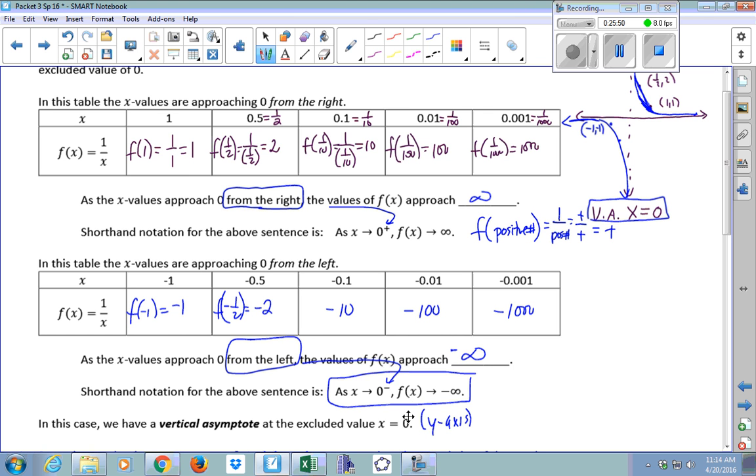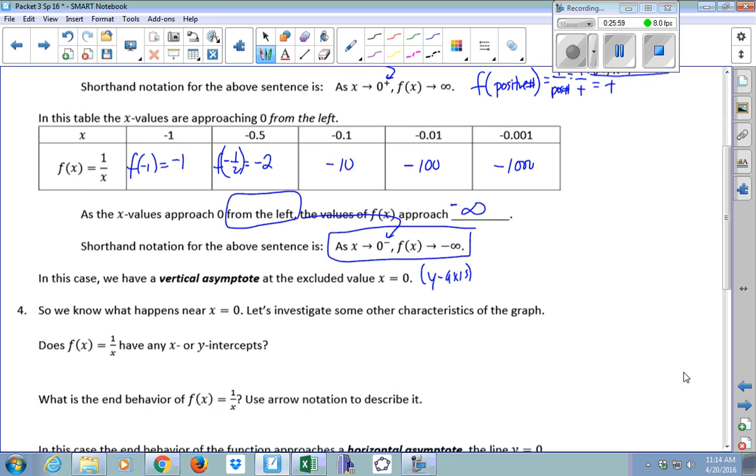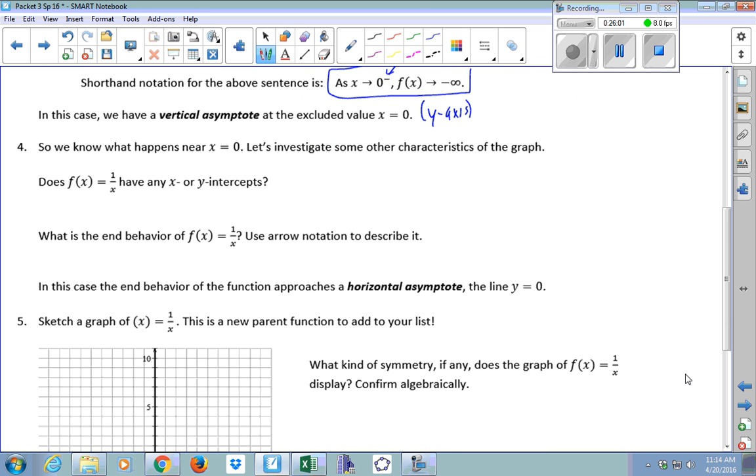Okay, so your horizontal asymptote, that's the value your function approaches way out at its ends, is getting closer and closer to 0. The horizontal asymptote is your x-axis, which is y equals 0.